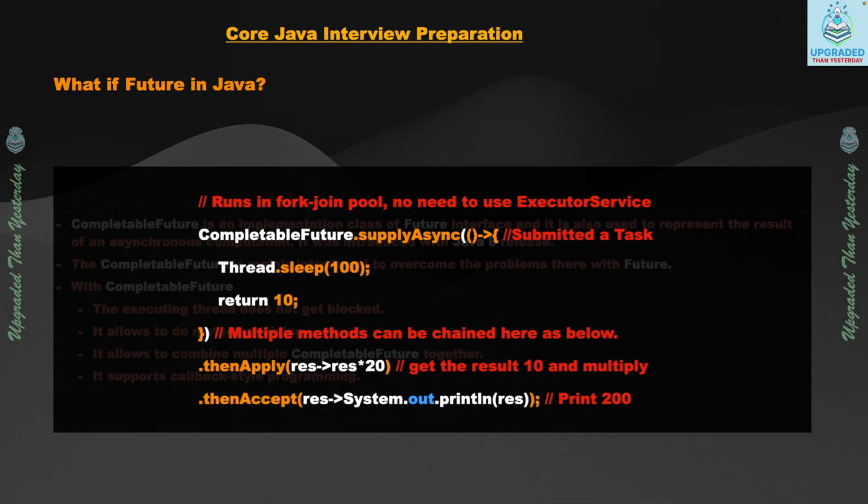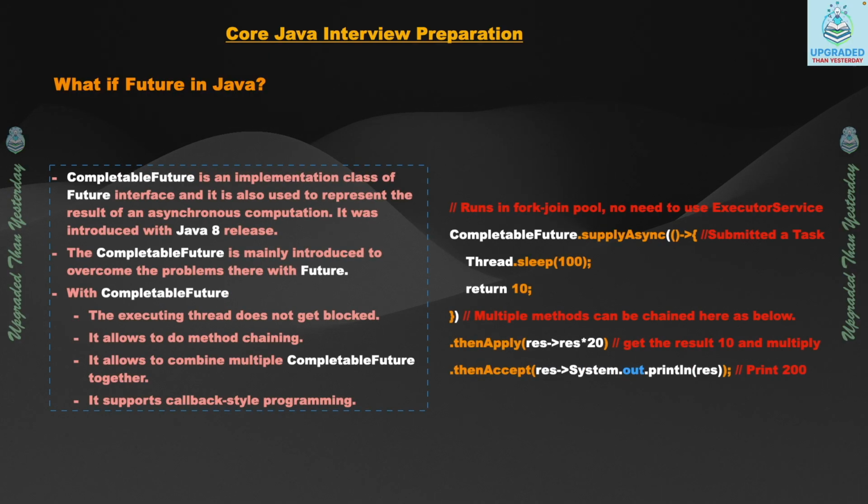Inside this method, the call method of the Callable interface is executed using a lambda expression, which returns a value 10. Look carefully. Here multiple methods, thenApply and thenAccept, are chained together to modify and print the final result. This is one of the major differences between Future and CompletableFuture.